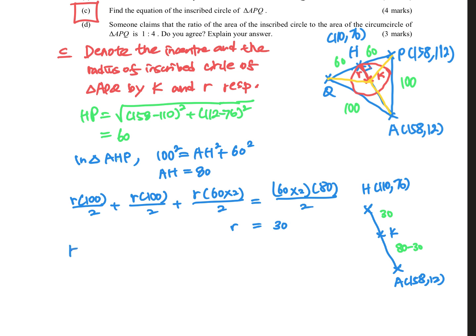So let's write down the ratios then. HK to KA equals 30 to 80 minus 30, which is 3 to 5. Good. So here we can find the coordinates of K using the section formula.